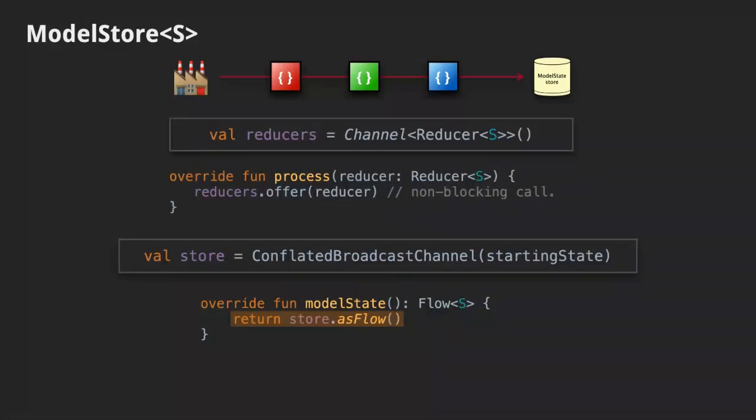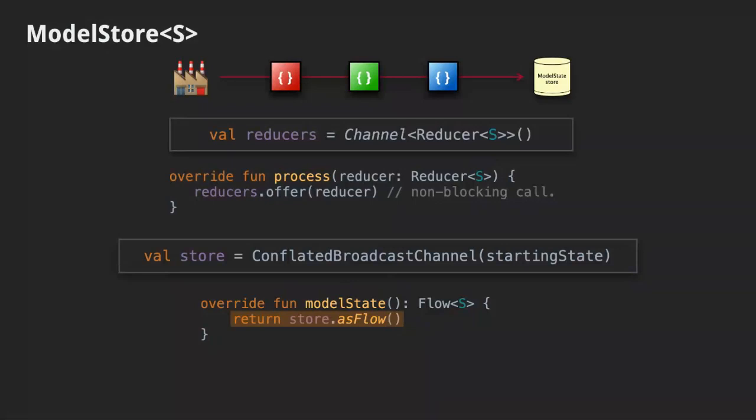So that's what the broadcast part gives you: the possibility of having multiple subscribers that will all basically get a multicasted notification whenever the model changes. The bonus point with this is that we get the asFlow extension for free. So consumers will see a flow of states with all the API benefits it gives us. They won't be aware that under the hood, it's a channel.